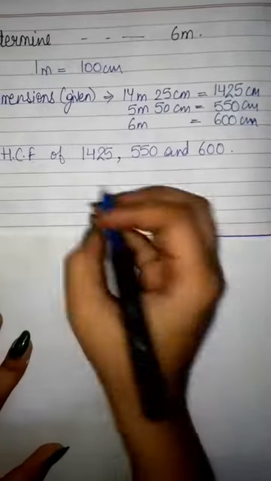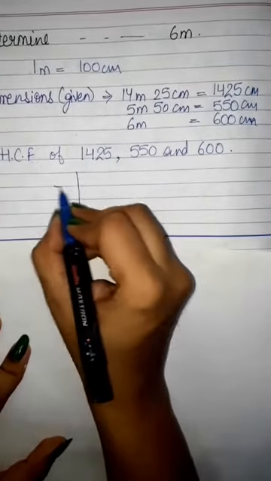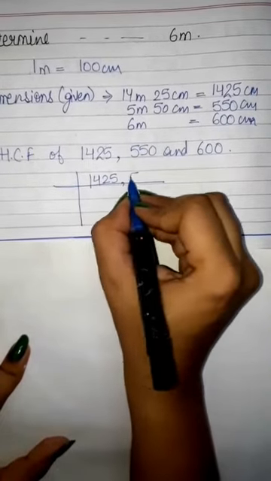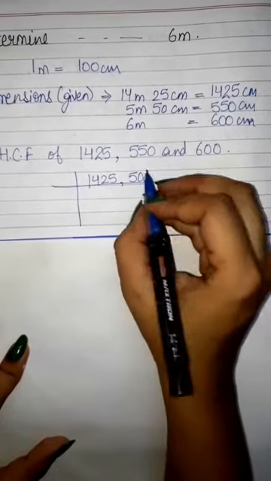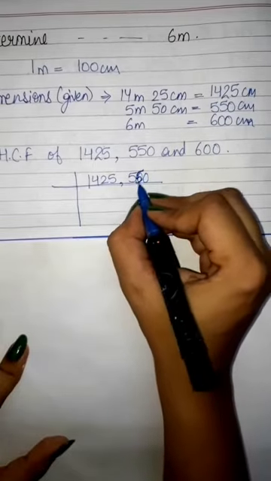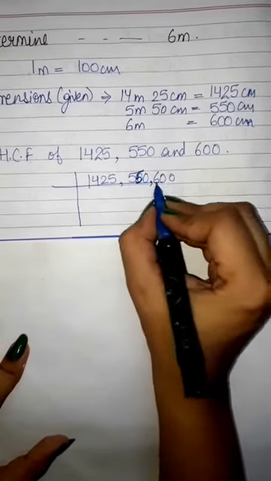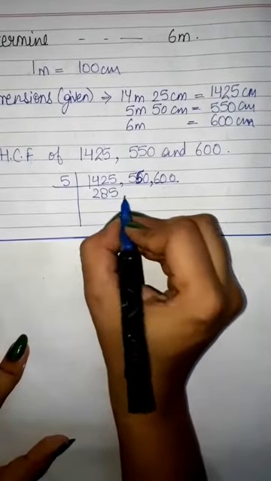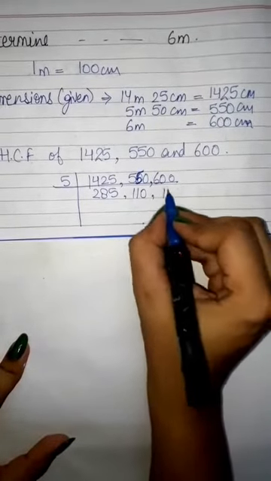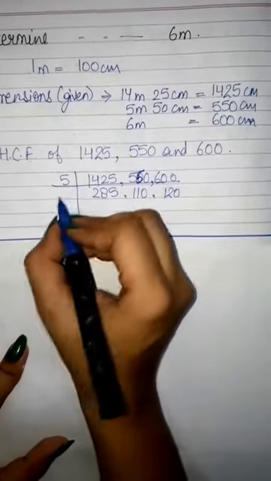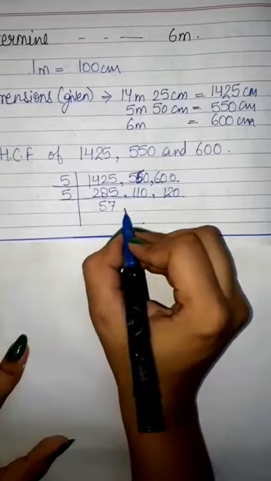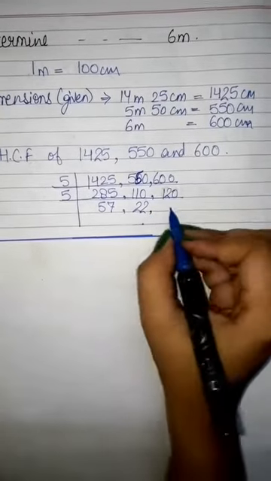Again I tell you, you can do it by any method. We can divide by 5, you get 285, then 110, then 120. Again we can divide them by 5: 57, then 22, then 24.